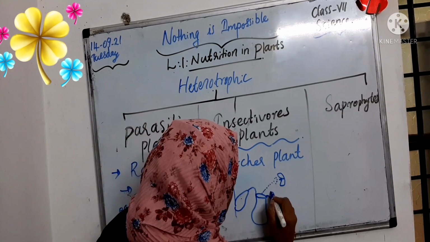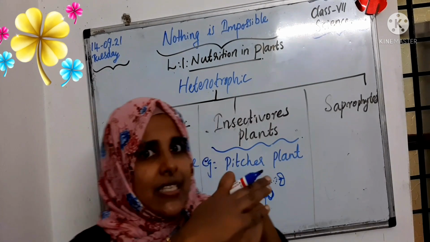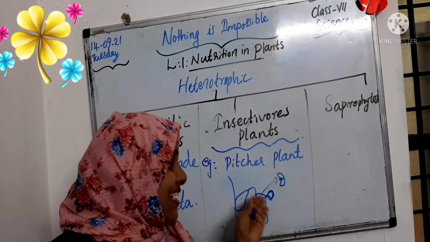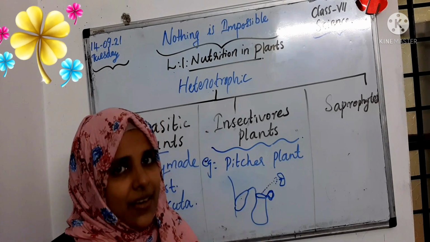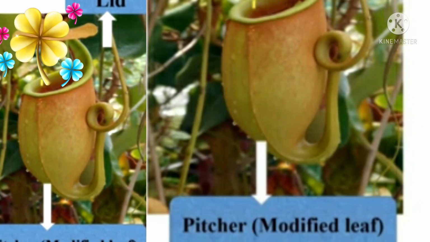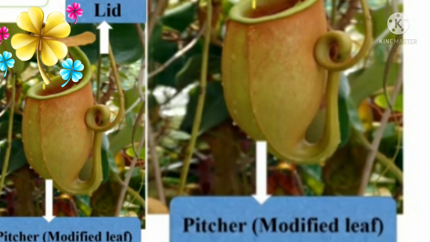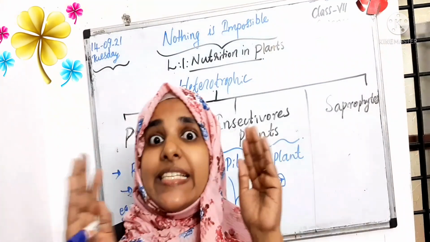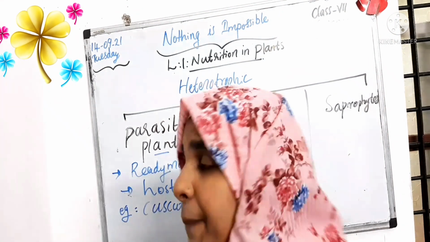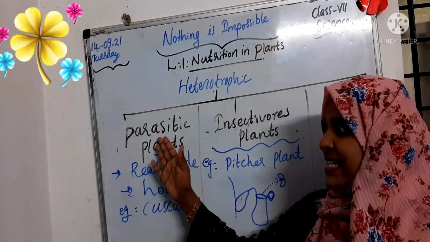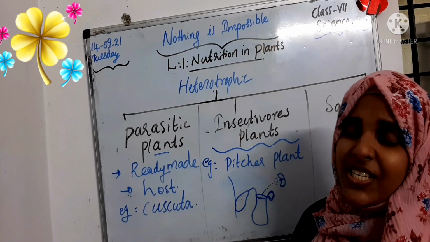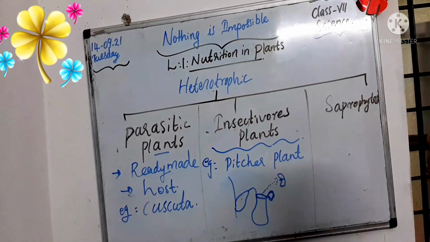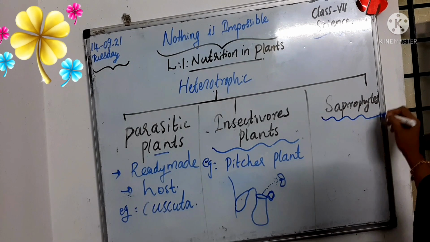The lid of the pitcher closes and the trapped insect gets entangled in the hairs of the pitcher. The insect is then digested by the digestive juice secreted in the pitcher. Such insect-eating plants we call insectivorous plants. Example, pitcher plant. And parasitic plants we already discussed. Example, cuscuta plants.